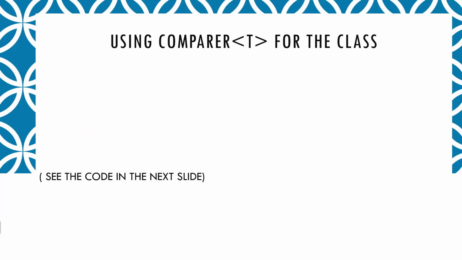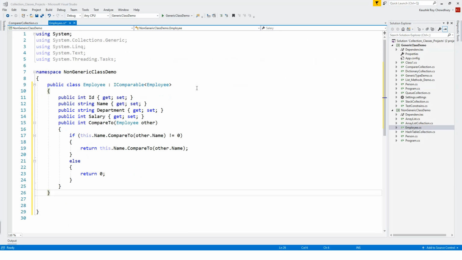So let's go back to the code. I have already implemented IComparable of Employee here. The Employee class is now modified to implement this interface, and the method it needs to implement, as I showed on the slideshow, is pretty much the same code.